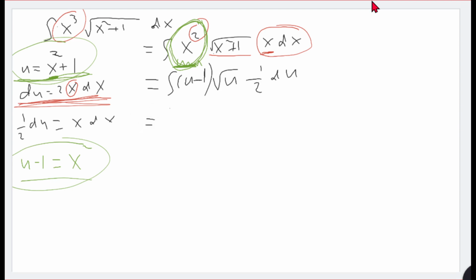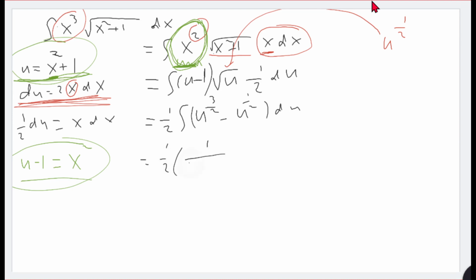All right, so pull out 1/2, and the u minus 1 times the square root of u. Remember, you cannot just integrate directly, you have to multiply through. u to the first power times u to the 1/2 power gives u to the 3/2. So multiply through. Algebraically, you have u to the 3/2 power minus u to the 1/2 power. No big deal. We just have two powers.